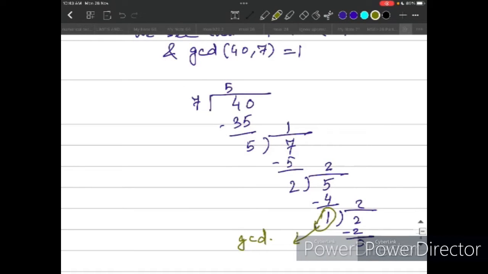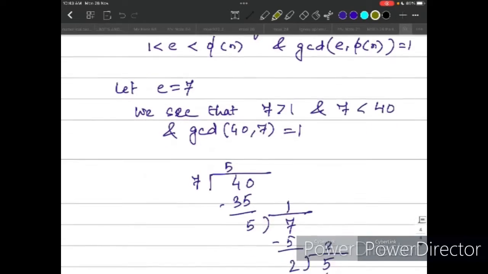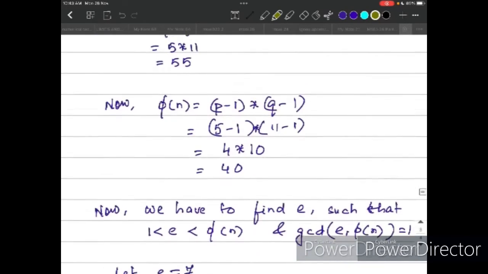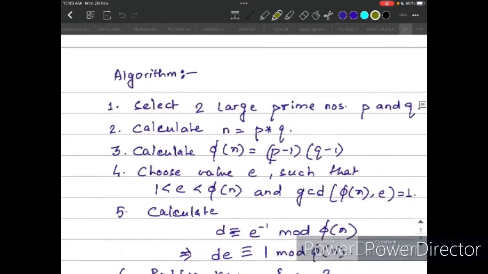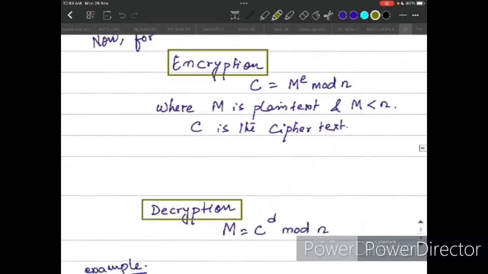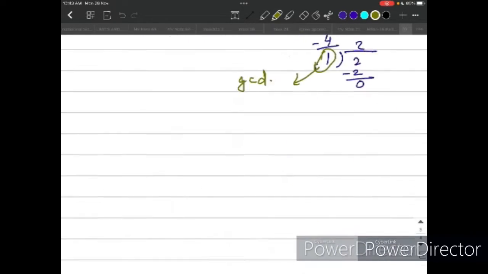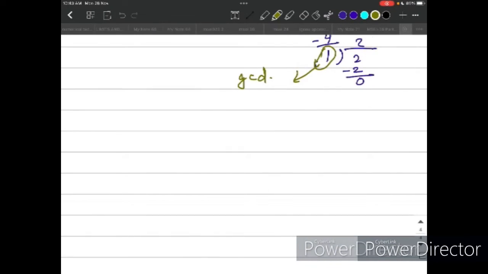Okay, so this is how GCD is calculated. You have earlier also done this method, but I am showing you this over here also. Okay, now we got E. Now what you have to find out? D, I think. D equal to E inverse mod of phi of n.